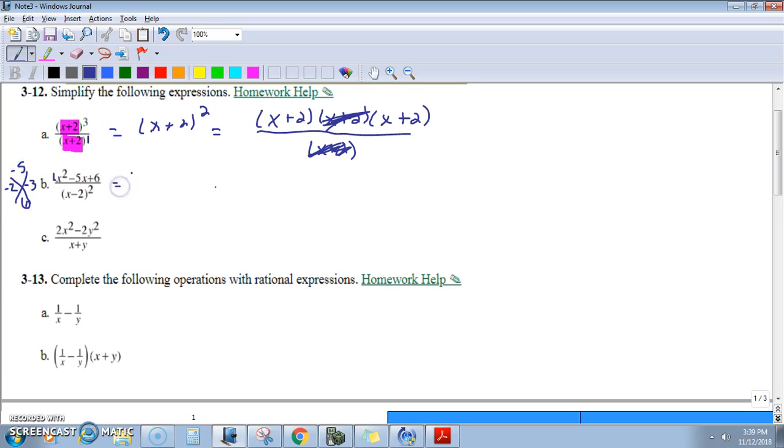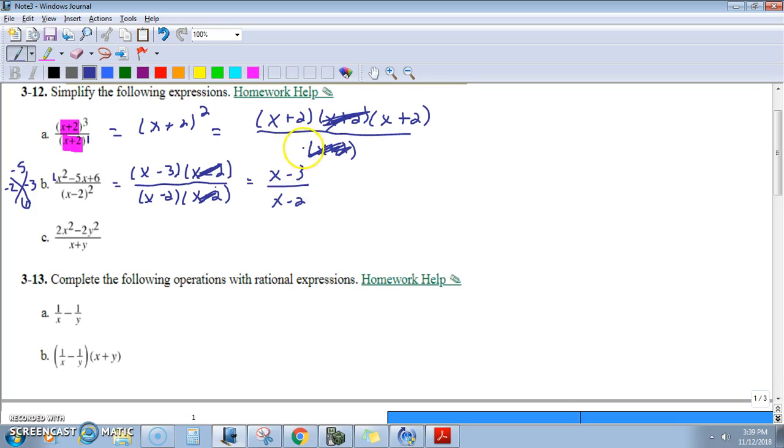So my numerator should be x minus 3 times x minus 2 all over, I'm just going to expand the denominator, which is x minus 2 times x minus 2. So here, obviously, those cancel, and we have x minus 3 over x minus 2.